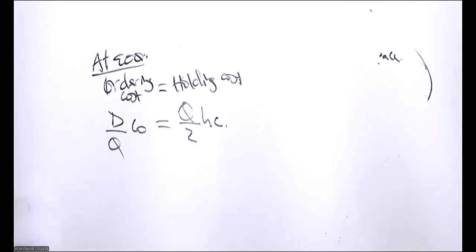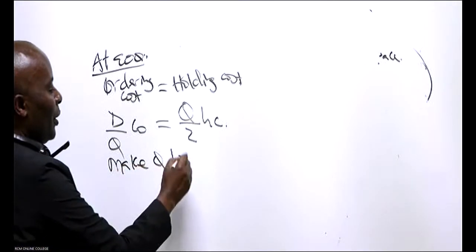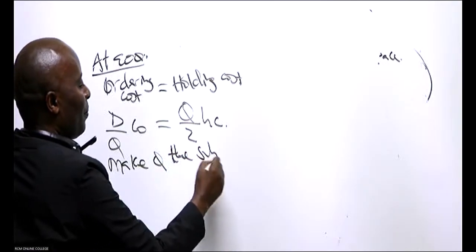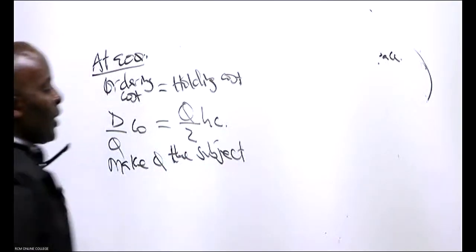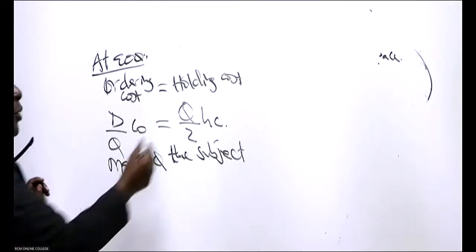So can you kindly do me a favor? Make Q the subject of the formula. If you make Q the subject of the formula, let's cross multiply. This will come here.